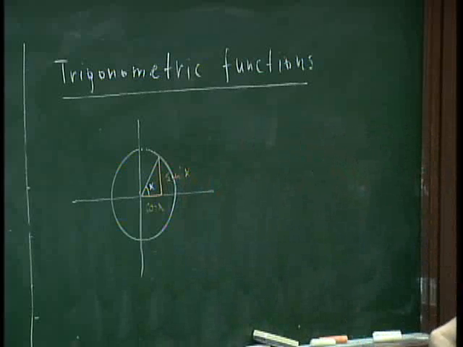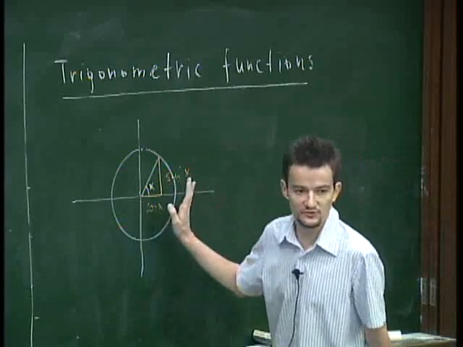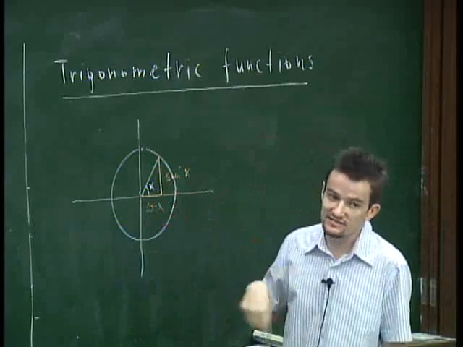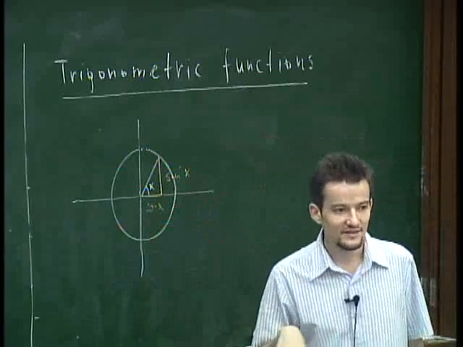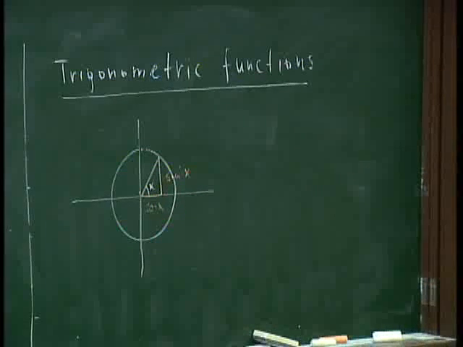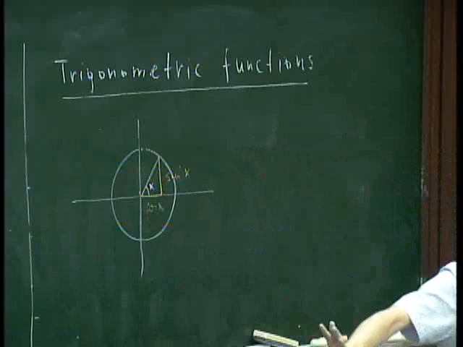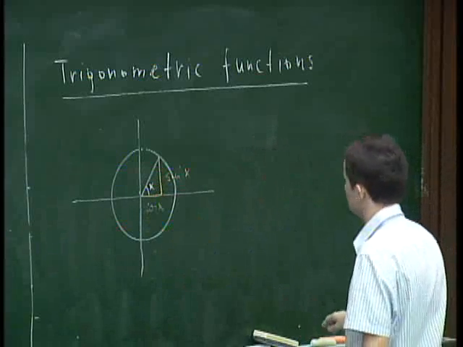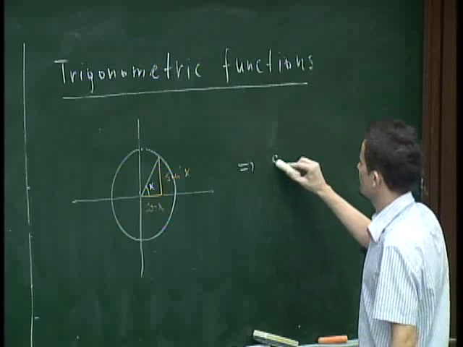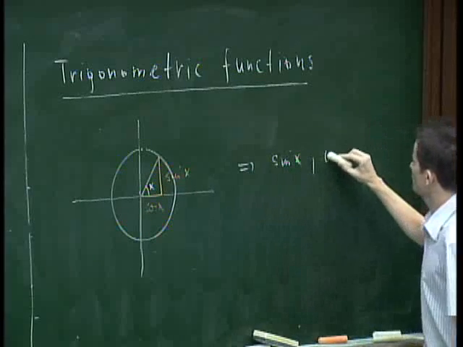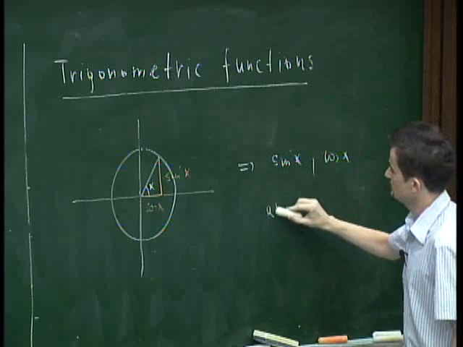And because the angle here is changing continuously, the graph which is generated by this process will be continuous. So from this primitive reason, you see that sine of x and cosine of x are continuous.